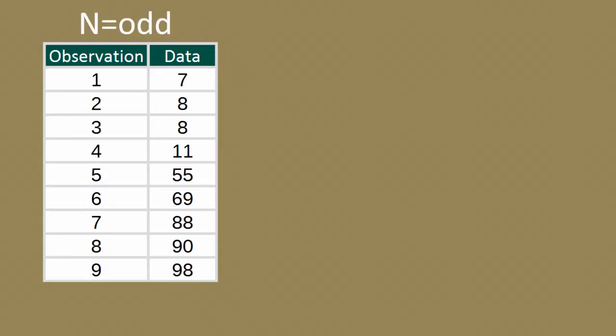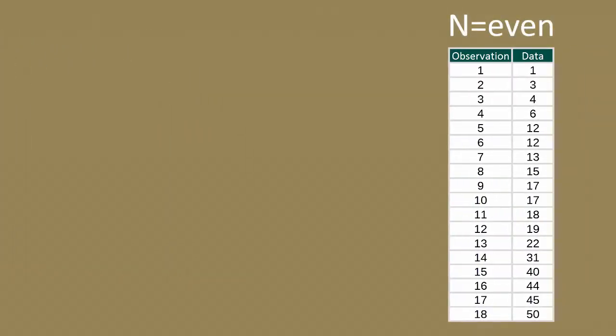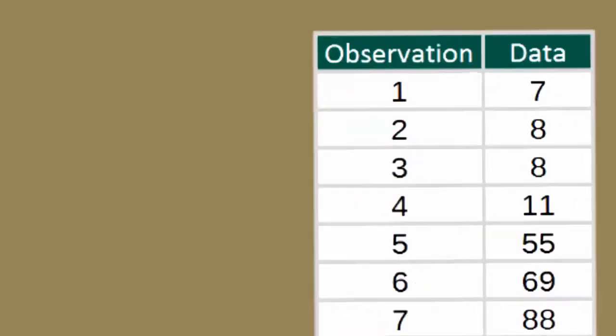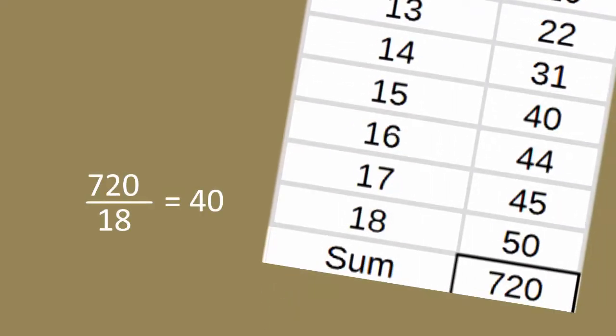If n is odd, the median is the center observation in the ordered list. When the number of observations is even, the median is the mean or average of the value of the 2 center observations. The mean, of course, can be calculated by adding up the values for all the observations and dividing by the number of observations in order to generate a mean average.